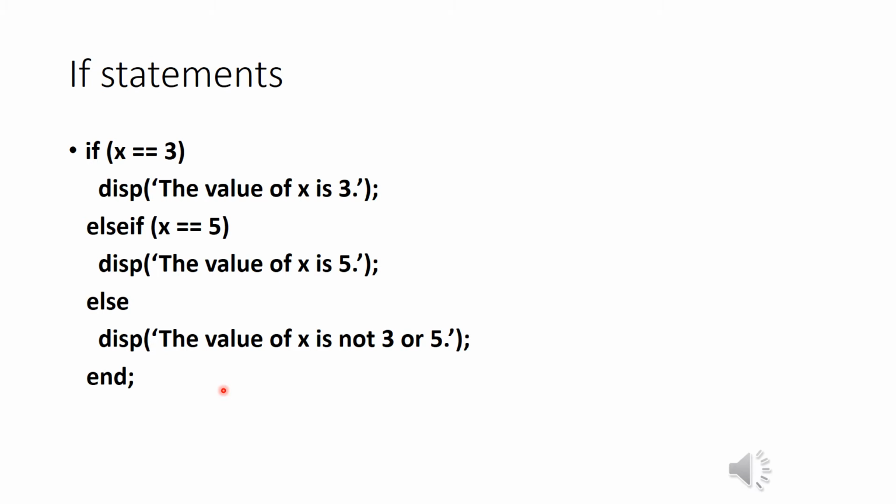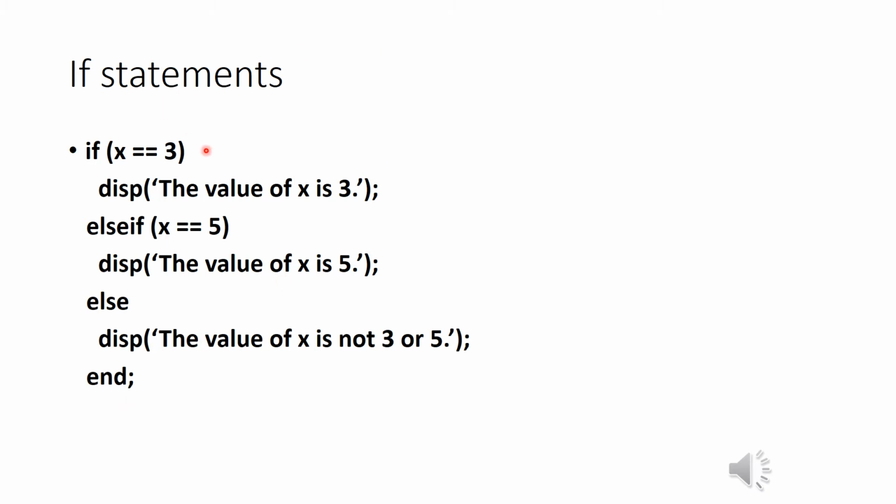So in this way we use our if statements. If the first condition is satisfied, this display will continue, and the statement exits. But if x equals 5 is not satisfied, then control goes here, and if this condition is also not satisfied, then the control goes here, and it is the end of the if statement.